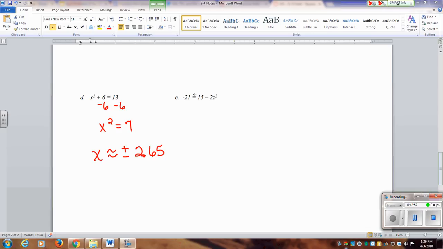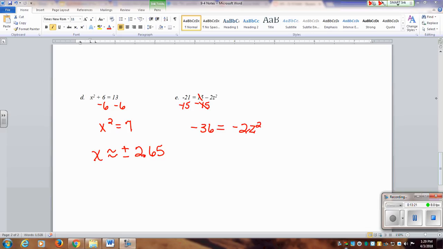Okay, so over here, oh, they're switching it up on us. The z squared's on this side, so I'm going to subtract 15 from both sides. A positive 15 and negative 15 add to 0. Over here, I get negative 36. And then over here, I'm left with negative 2z squared.